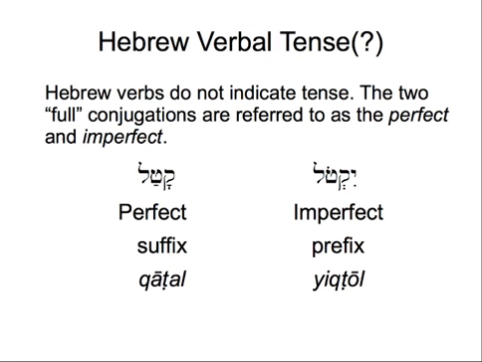Hebrew verbal tense, I put a question mark there, is not nearly so complex. One might argue that makes it somewhat more flexible, but at the same time, it can make it somewhat more ambiguous. The majority of Hebrew grammarians now say that Hebrew actually does not indicate tense. Hebrew verbs do not have inherent with them a tense.